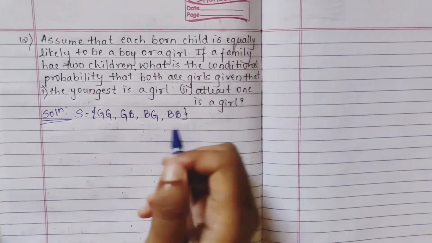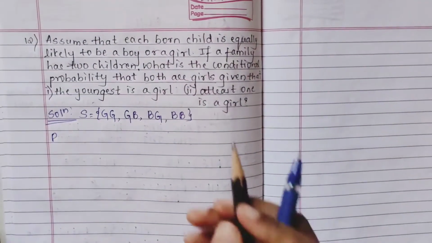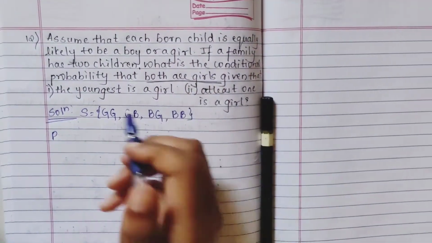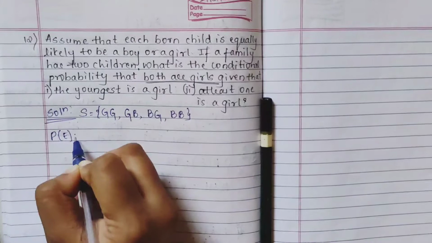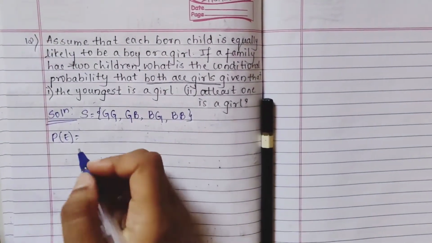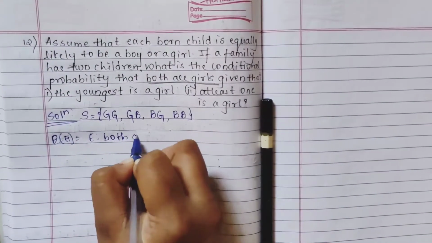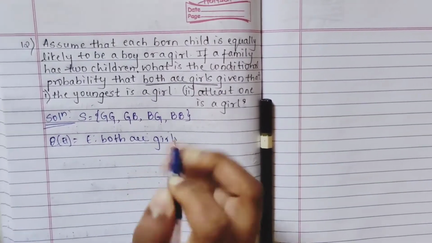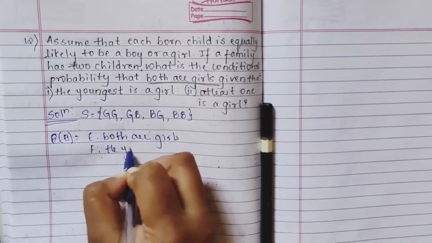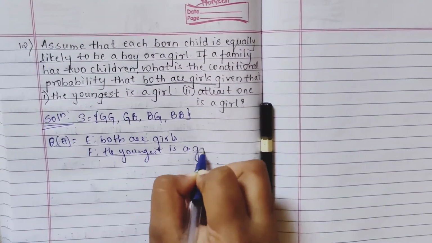Now we will take our events. Here they have given us 3 events. What is the condition? E: both are girls, so we can take P of E. Then you have F and G. F: the youngest is a girl.